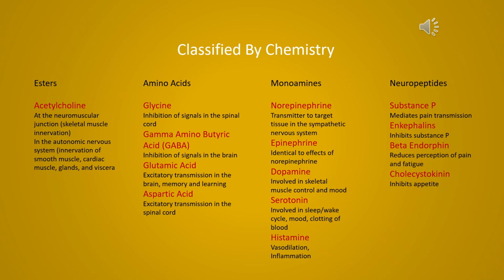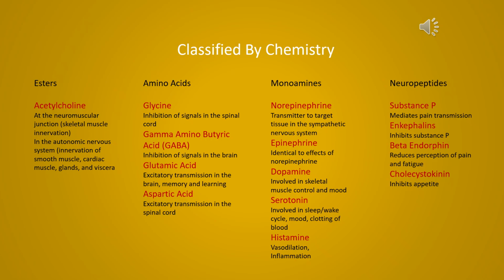So it is involved in skeletal muscle control, and we see how important that is in Parkinson's disease. A person doesn't have much dopamine. The cells in the brain called the substantia nigra, which make dopamine, for reasons unknown, they stop making it. So the person is dopamine deficient.